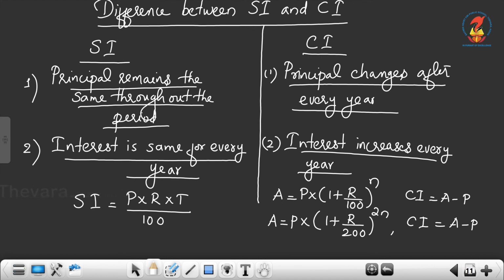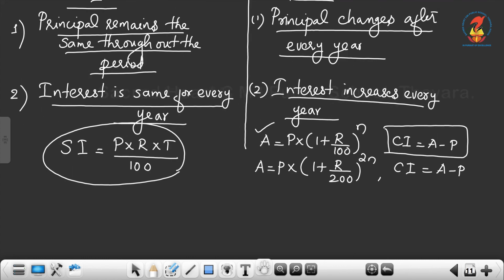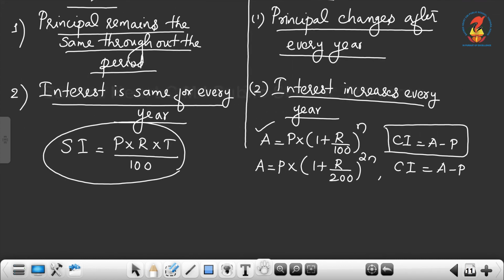And we have the formula simple interest P into R into T divided by 100, and the compound interest when it is compounded annually, first of all you can find out the amount P into 1 plus R by 100 all raised to n, then compound interest equal to amount minus principal, and in the case of half yearly it is P into 1 plus R by 200 all raised to 2n, and the compound interest is amount minus principal.